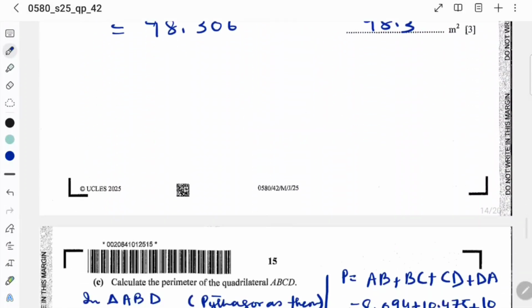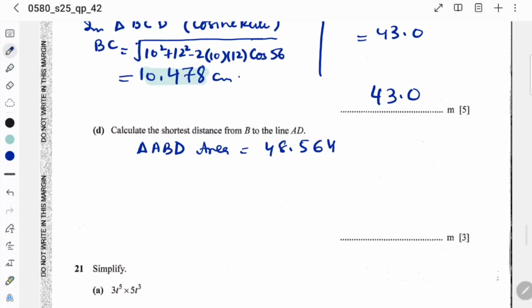Okay, a right angle triangle A to B to D, and they are asking us to find the shortest distance. This is the height and this is the base. Your AD side was unknown earlier, but we have found it to get the perimeter as well.